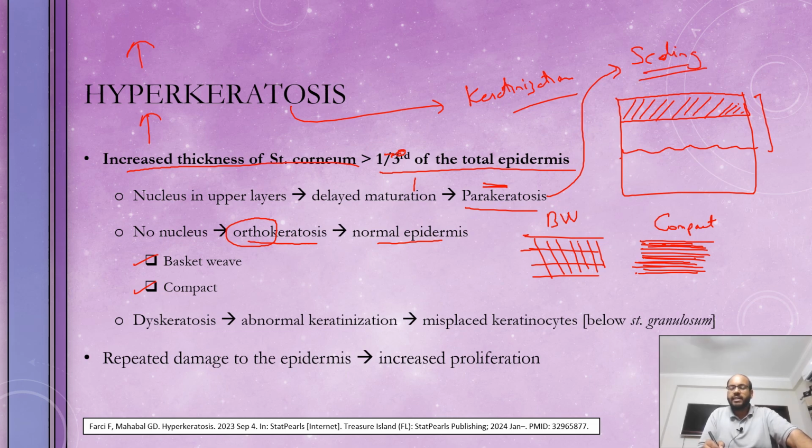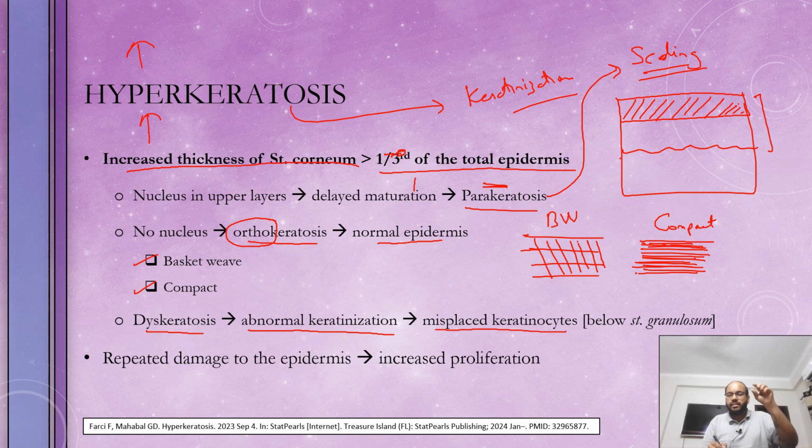So if you understand the concept that the keratinocytes reaching the stratum corneum have not matured properly, they have their nucleus and they're not able to get removed normally, they will form a scale clinically. So that is why parakeratosis means scaling. Other features like dyskeratosis have also been described, and that is because of abnormal keratinization. So in that, the keratinocytes may be misplaced.